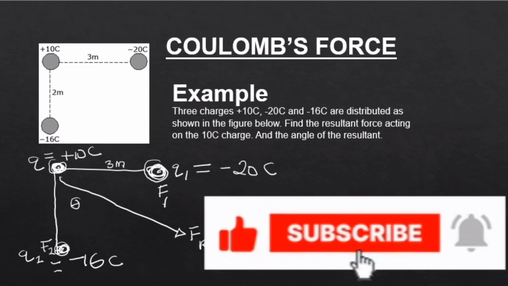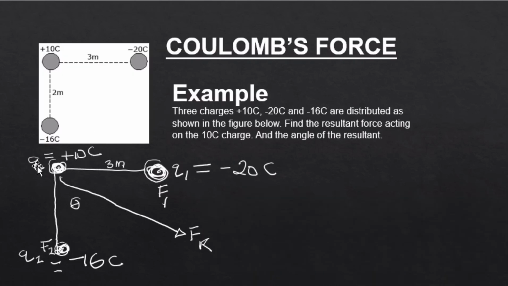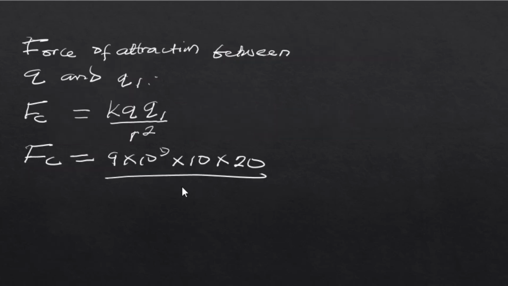What is the distance between Q and Q1? It is 3 meters. So here we have 3 squared.